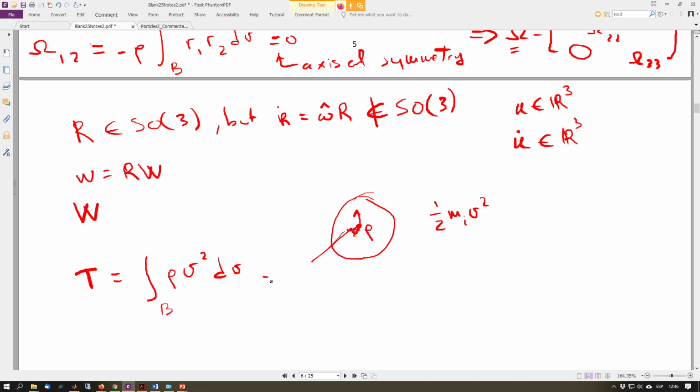If you do the integral and express your velocity with respect to the center of mass of the particle plus the velocity with respect to that point, for a body that is rotating, you get this expression here, which is another scalar. This is a vector, so it's our tensor multiplied by the vector and dotted before.